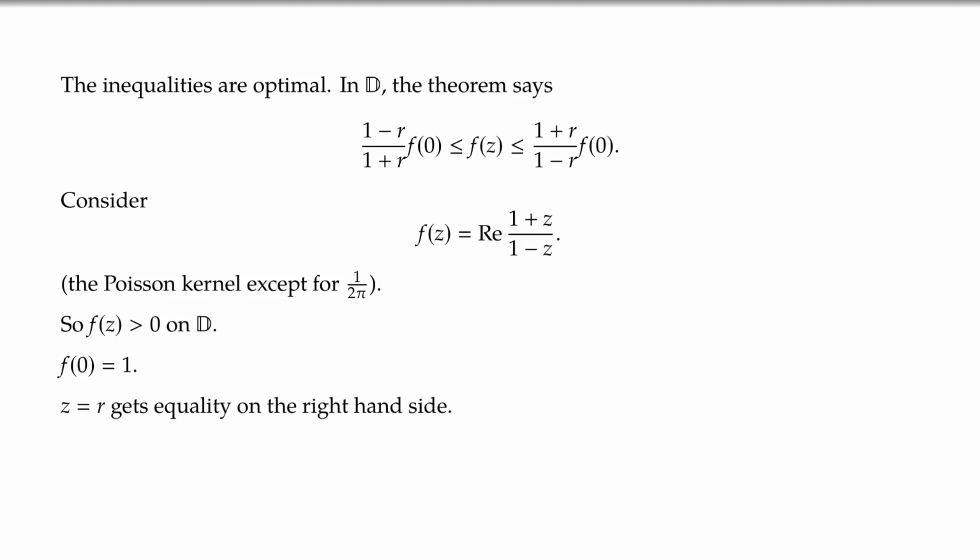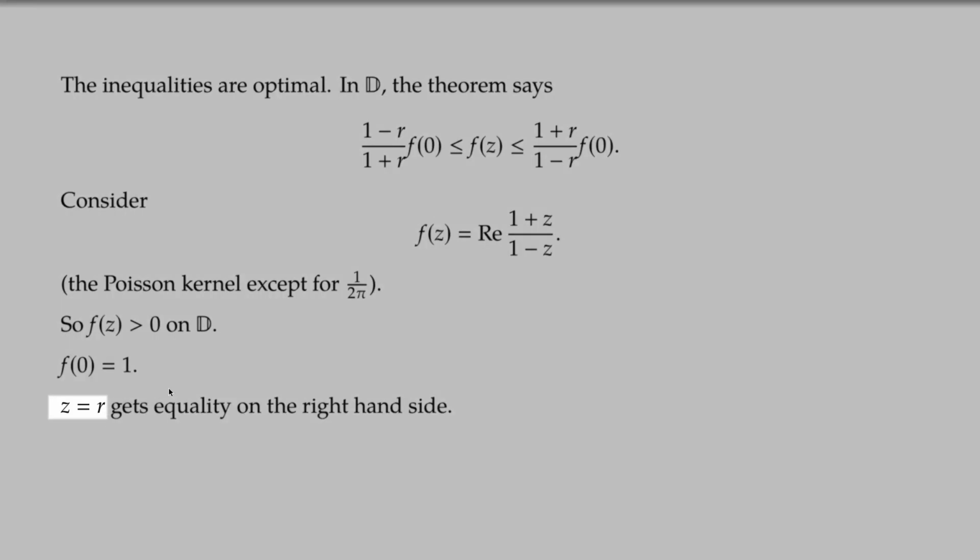Well, if we plug in z equals r, then we get precisely this, right? So we get equality over here. We get f of z is going to be equal to 1 plus r over 1 minus r.